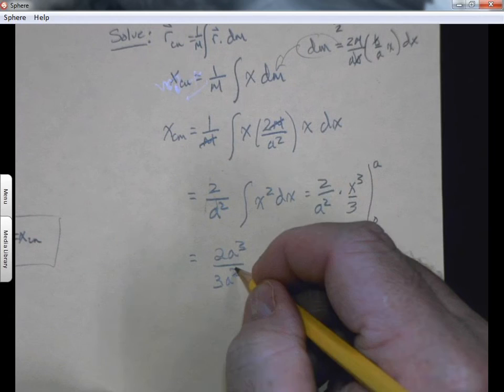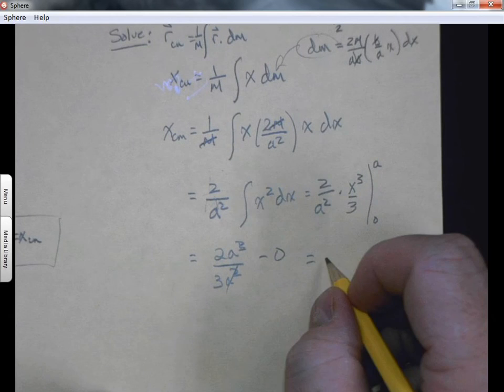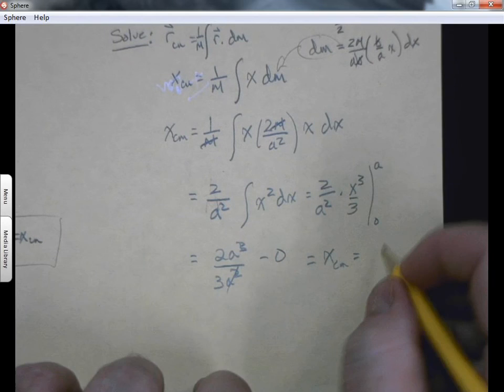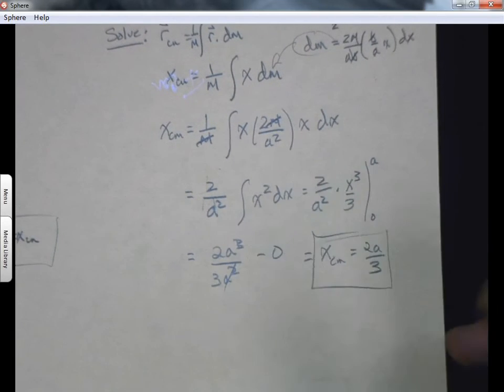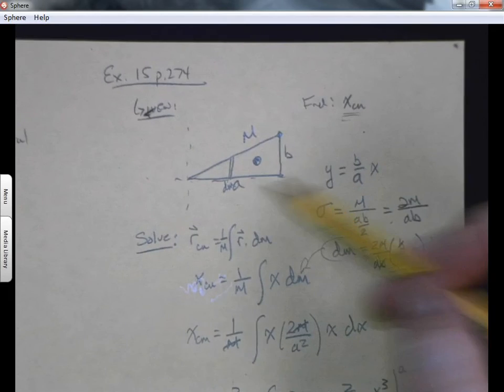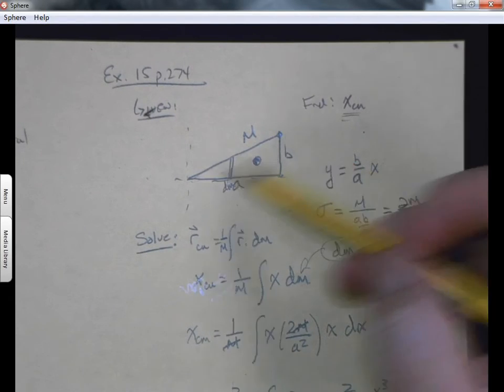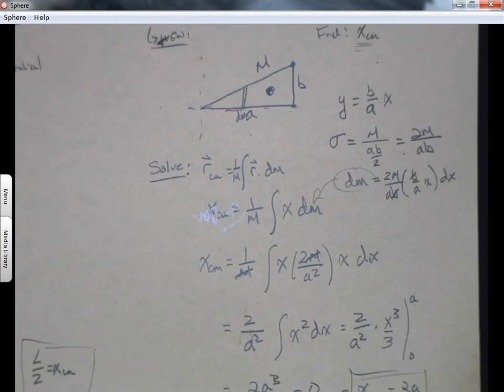And our a's are going to cancel, and we wind up with our position of the center of mass equals 2a over 3. Which kind of makes sense when you start thinking about triangles and how the mass portion grows down there, and triangles have that 3 related to it. So that's how we work out our center of mass, and that should be enough to get you guys going on your assignment.